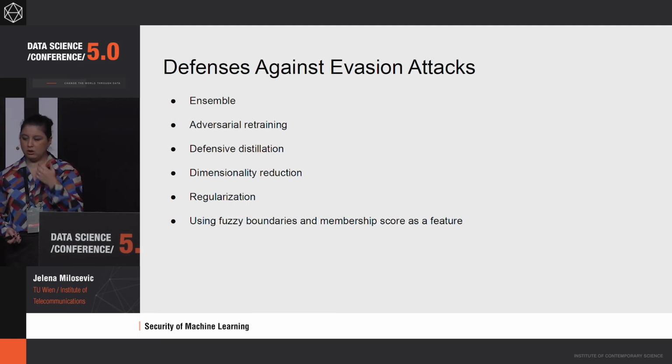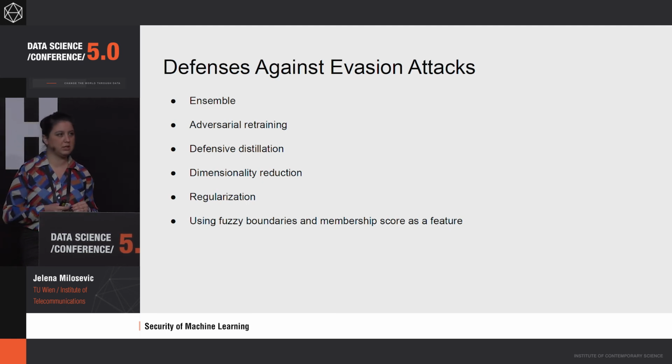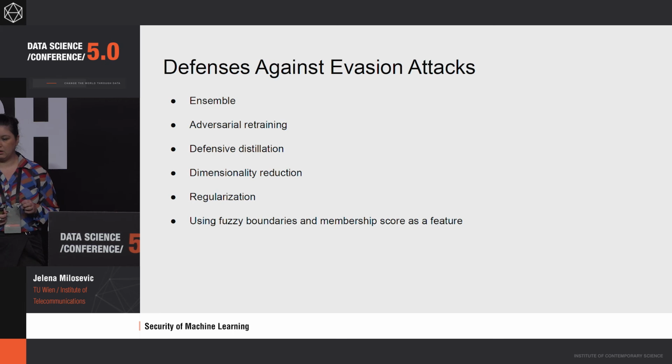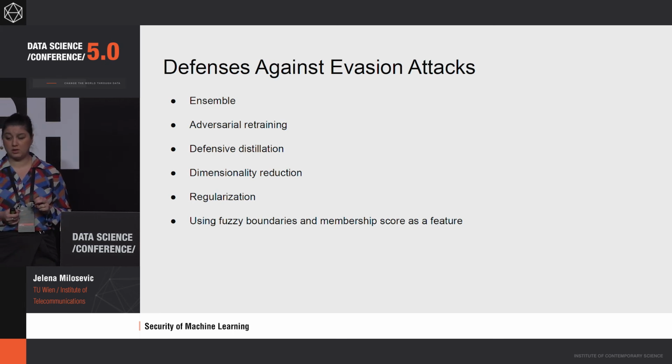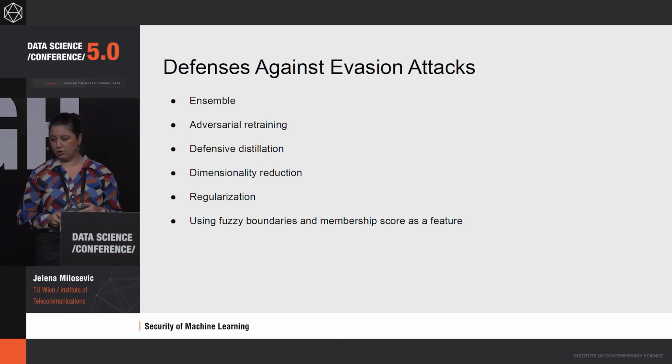Finally, there is also the way to use the membership score, so basically the distance to the decision boundary, as a feature in order to identify adversarial samples, and this is basically our work from TU Wien, but this also has some problems, let's say.